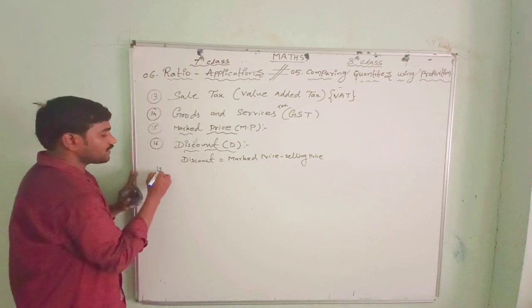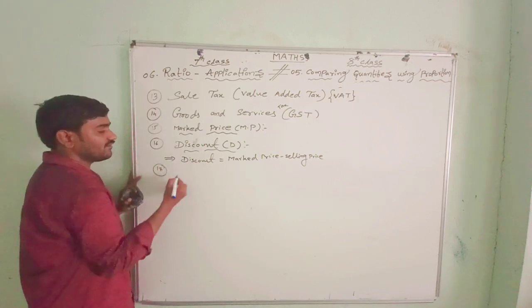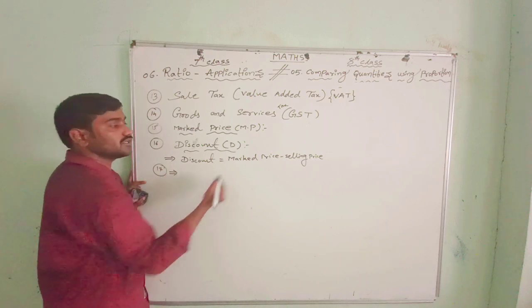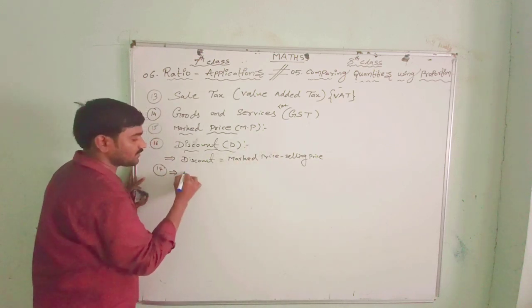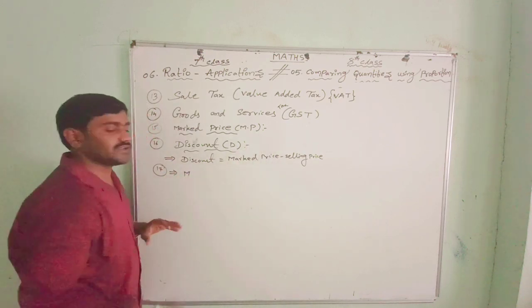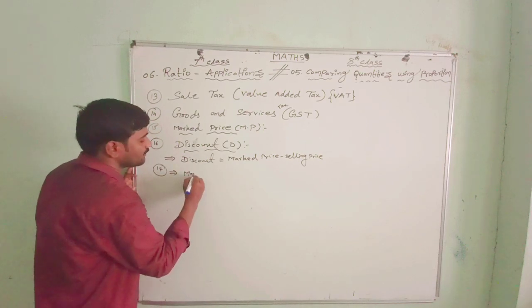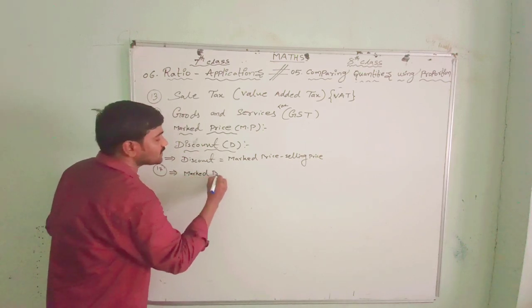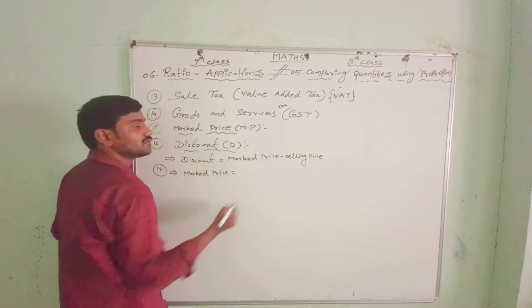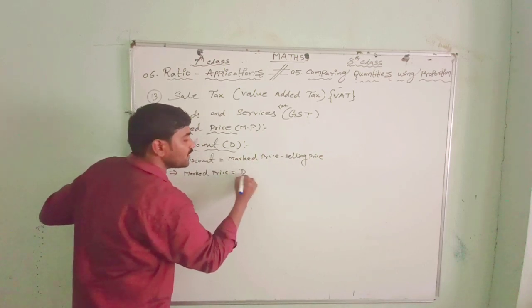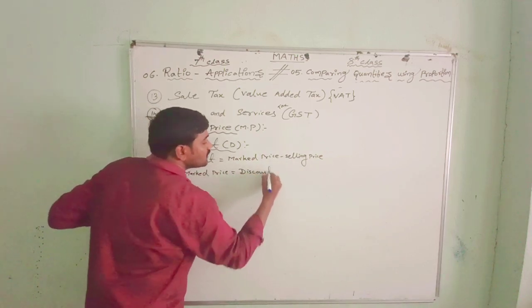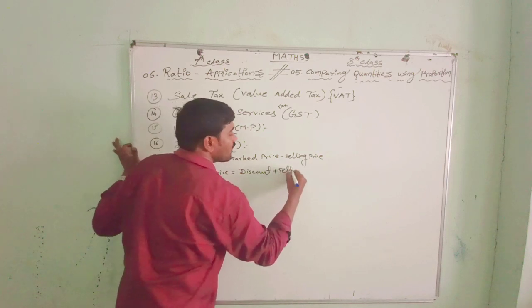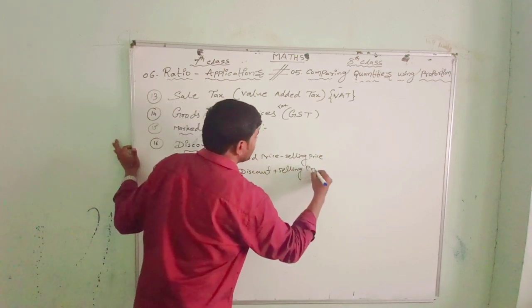Then based on this only, we get two more formulas. If you need the market price, when discount and selling price are given, market price equals discount plus selling price.